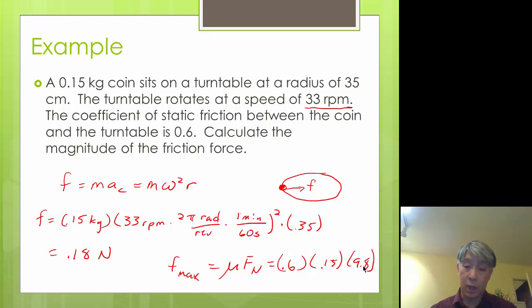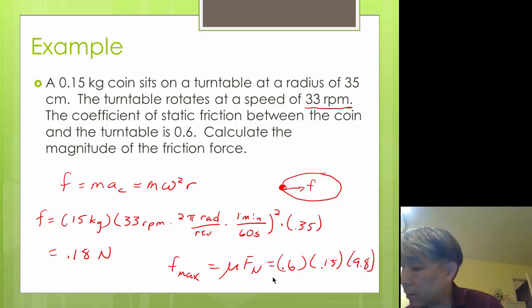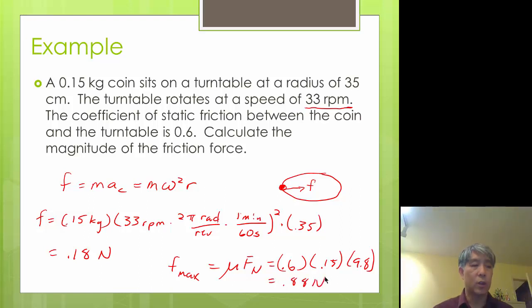If I take that all together, I find the maximum friction force is 0.88 newtons. So my 0.18 is certainly within that range, and there's no problem in stating that for my friction force in this situation. So that's how we just apply Newton's second law.